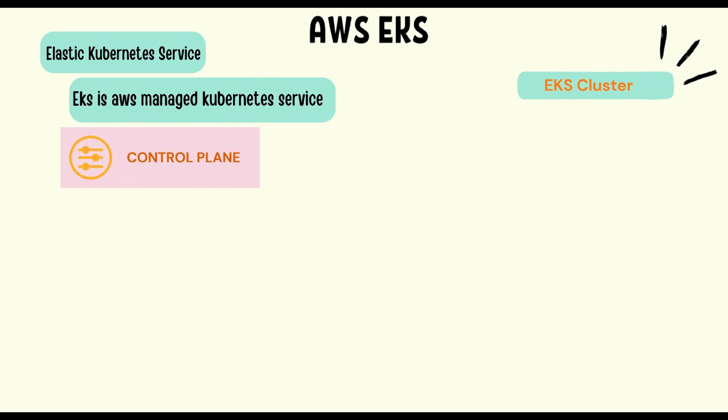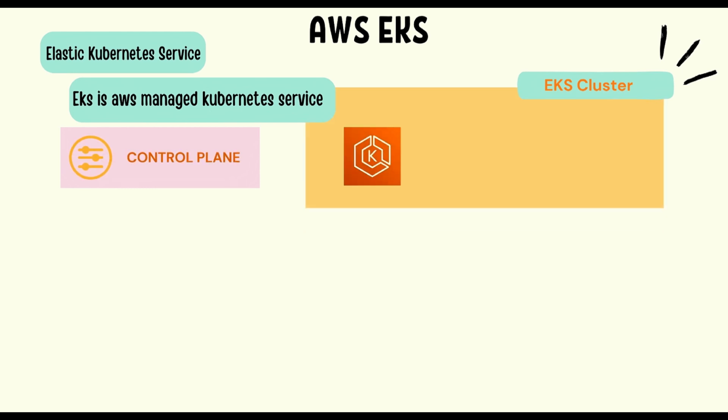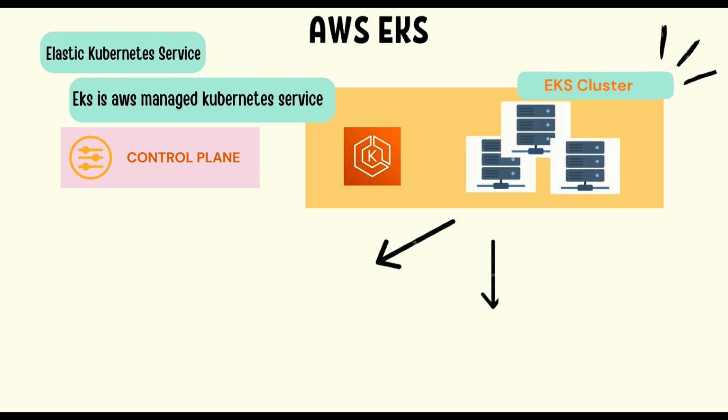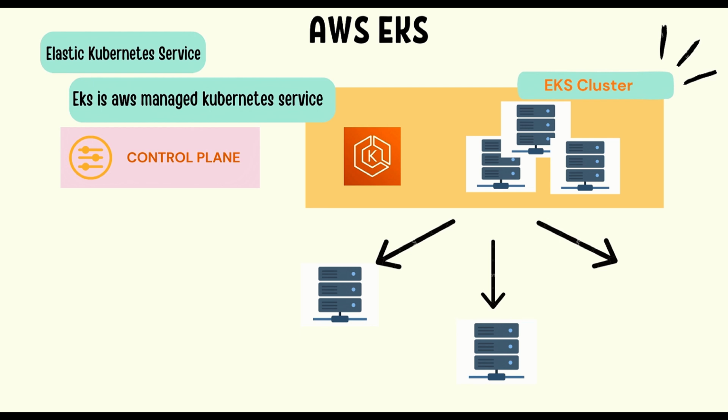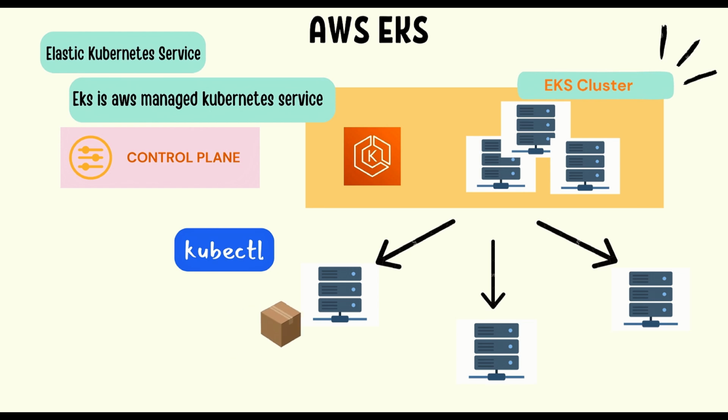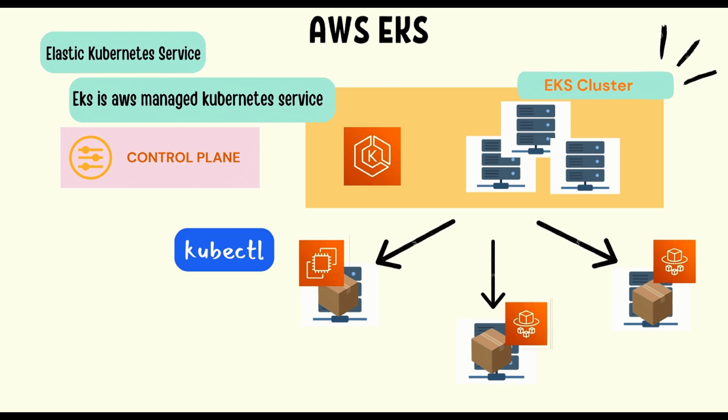It comes with a control plane with the whole control tools pre-installed, and with it you can create a cluster on AWS, and you can deploy your application using the kubectl. The instance can be your EC2, which is self-managed, or the Fargate, which is serverless.